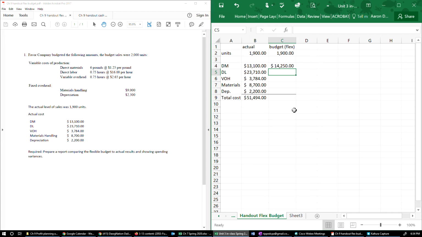All right. $75, 3/4 of an hour, costing $16 per hour over 1,900 units. All right, the fixed costs are fixed, so we can take those as is.